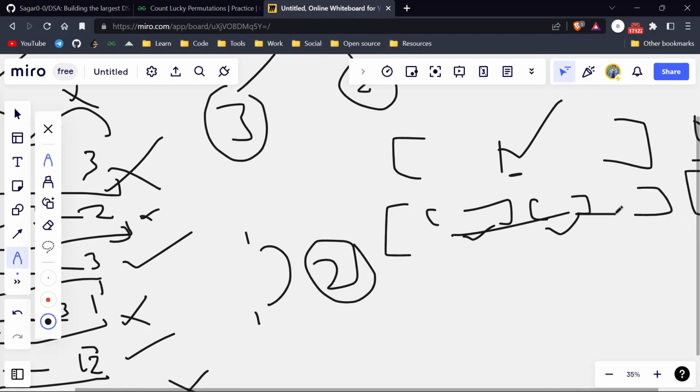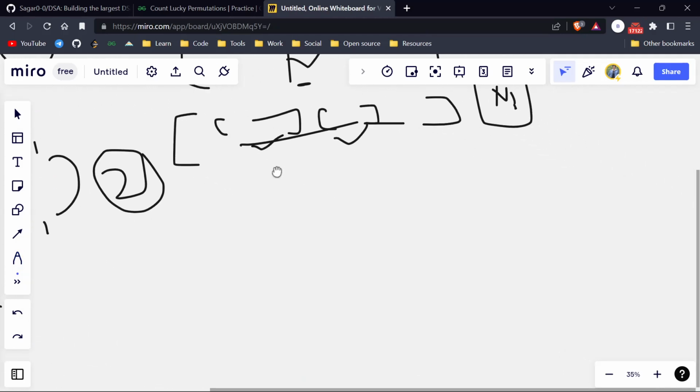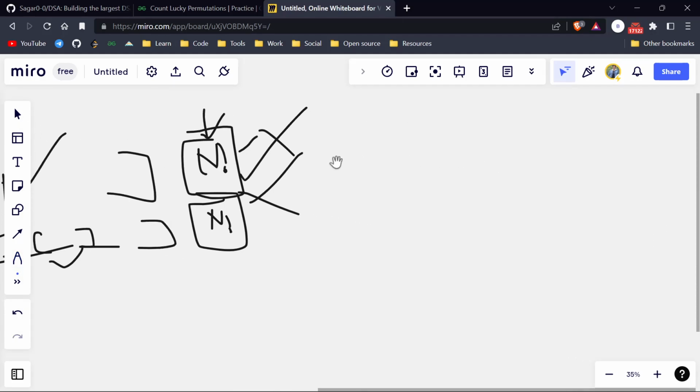So you also have to traverse again, and check for every array whether it is a lucky permutation or not. So that is not going to be a good solution, because the time complexity is much higher. And if you also watched our time and space complexity video, then you know that n factorial is the worst time complexity that you can have. So you should always avoid it.